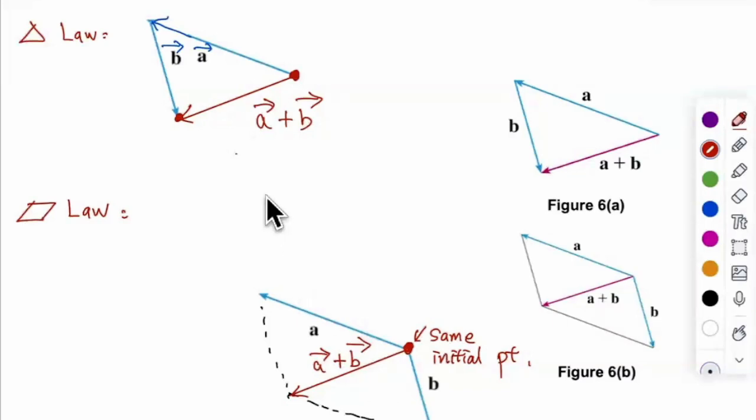The result of the two vectors will be the vector that goes across the parallelogram, starting from this initial point. That's A plus B.